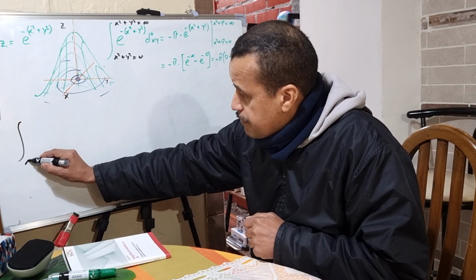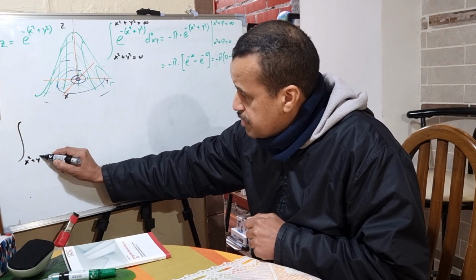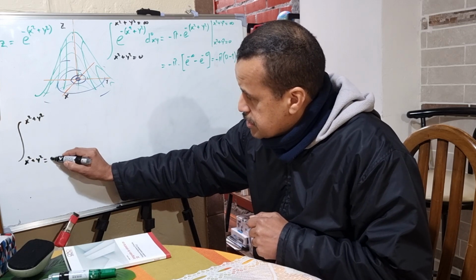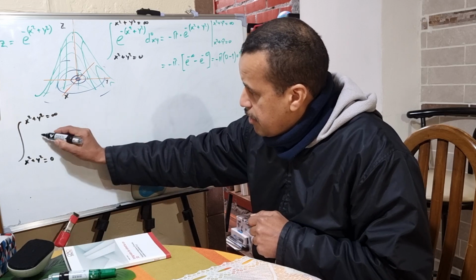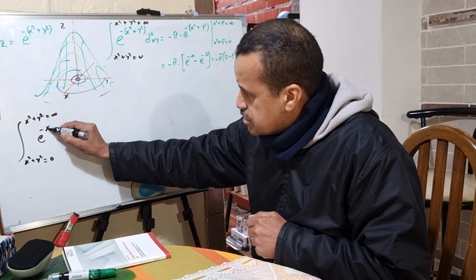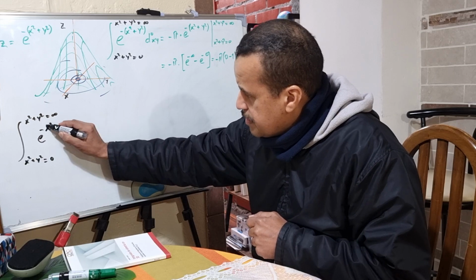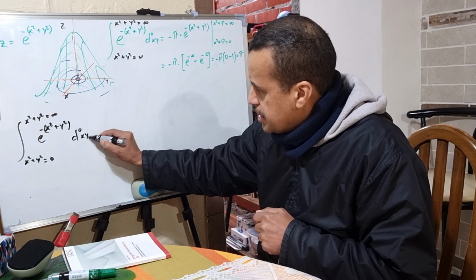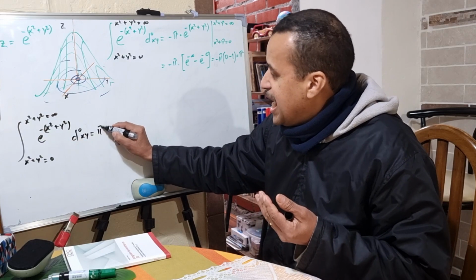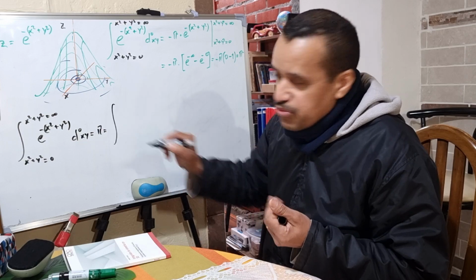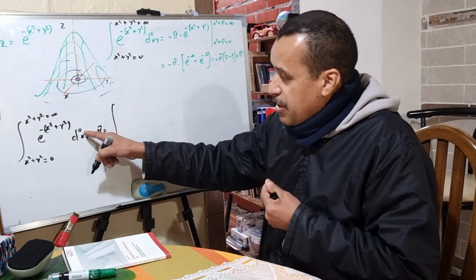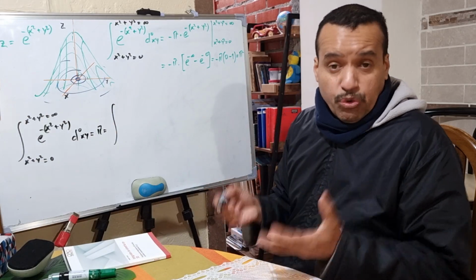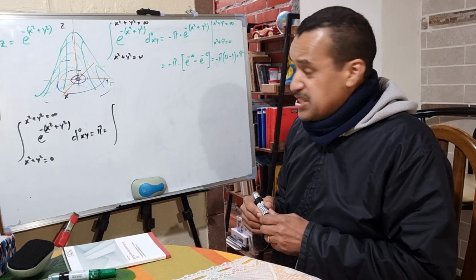The integral from s squared plus y squared equals 0 to infinite of e to minus s squared plus y squared, d circular expansion sy, is equal to pi. And instead of circular expansion, we can use a square or rectangular expansion.